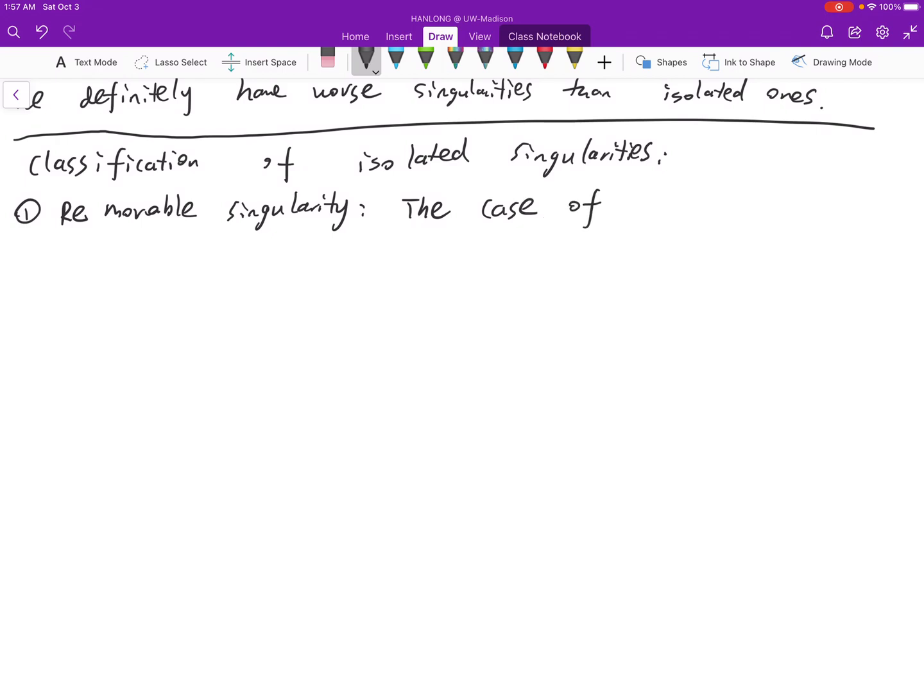So a removable singularity consists of the case where all the negative coefficients are zero. That gives a removable singularity.